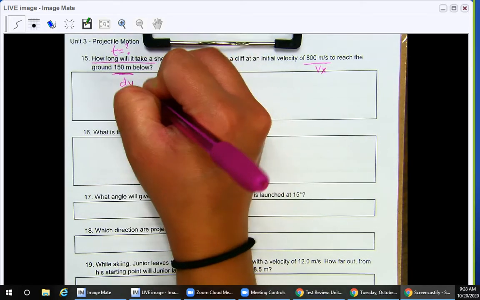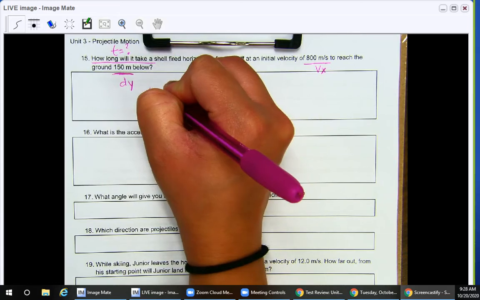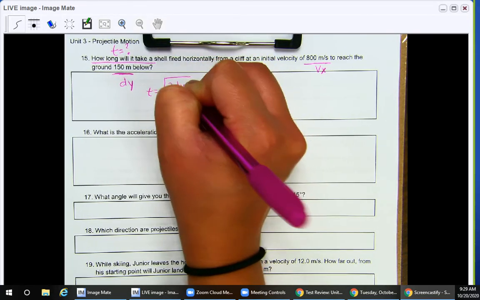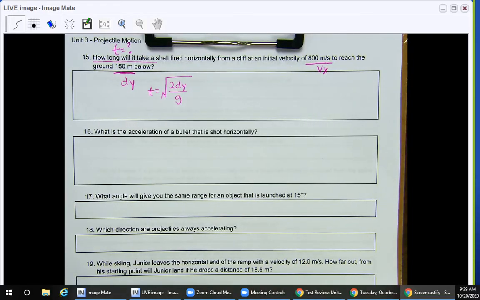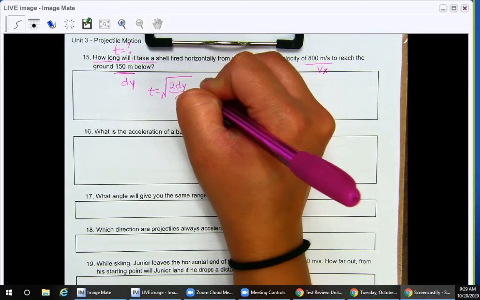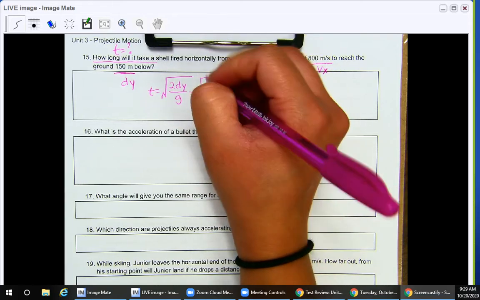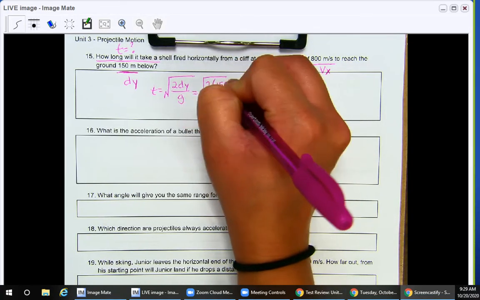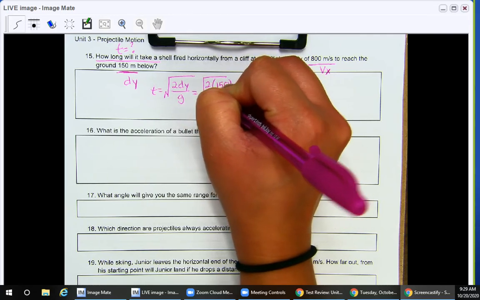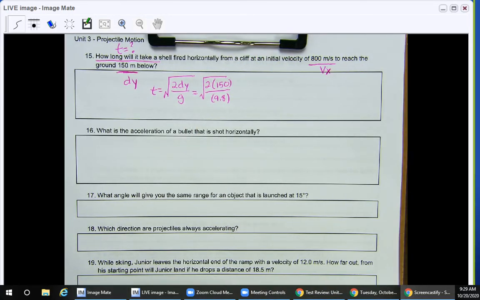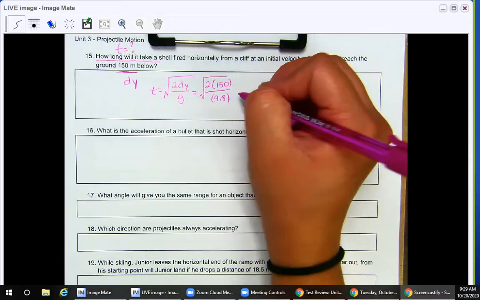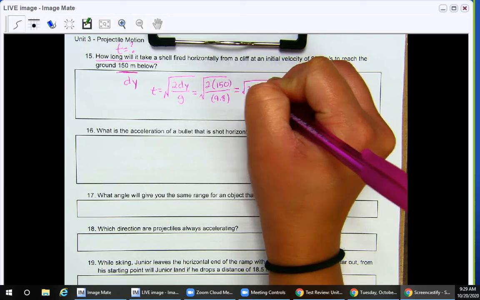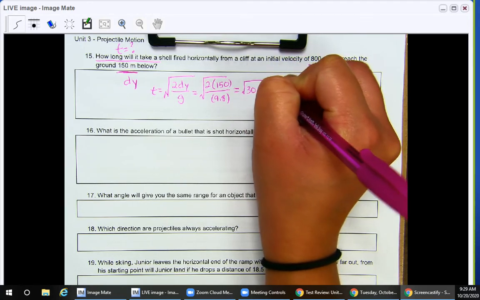So all we're going to do is time equals the square root of 2 dy over gravity. So the square root of 2 times 150 divided by 9.8. 2 times 150 divided by 9.8, that's the square root of 30.61224.